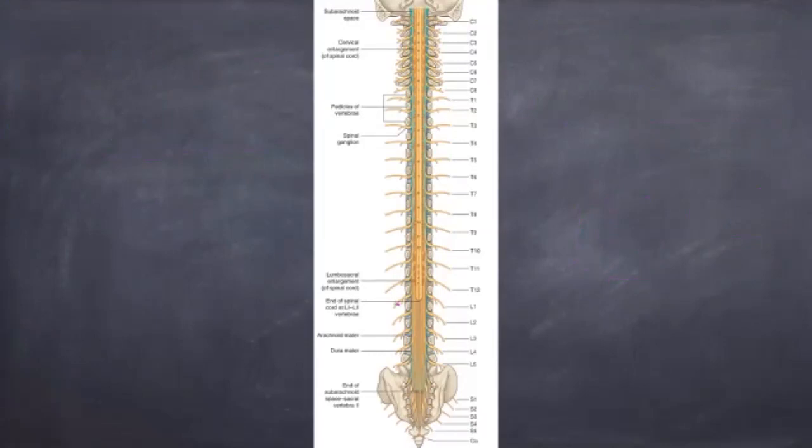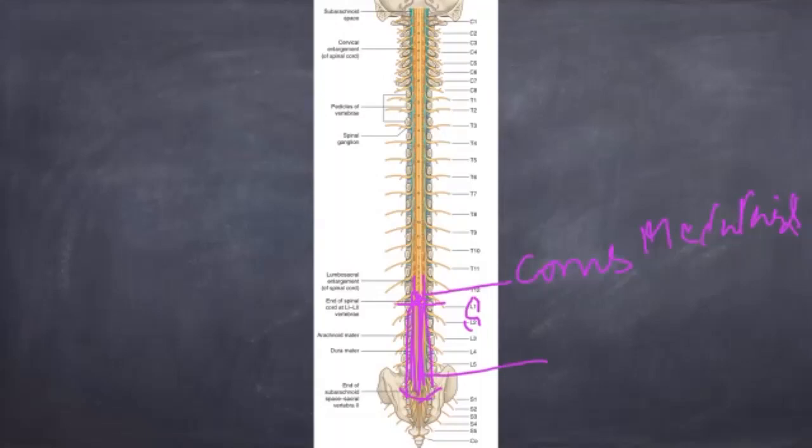It ends at L1, L2. This cone-like structure is called the conus medullaris. After L1, all the spinal nerves are like this, resembling the tail of a horse.